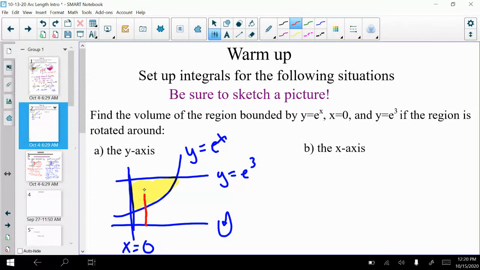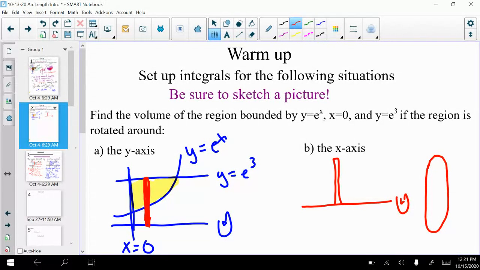Now if I stick with dx, because my axis of rotation is here, my radius is coming in as dx. I want to think about how this little rectangle spins. It's like this, and this is spinning this way. I think you can see how that would make a little imaginary, very thin disc.